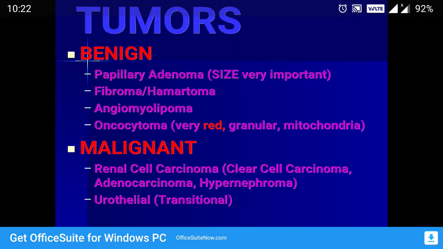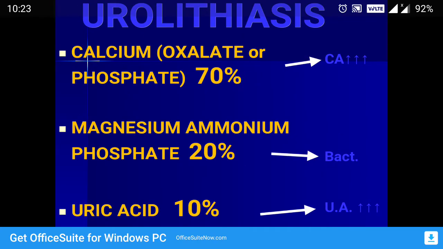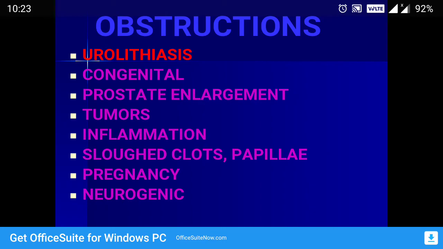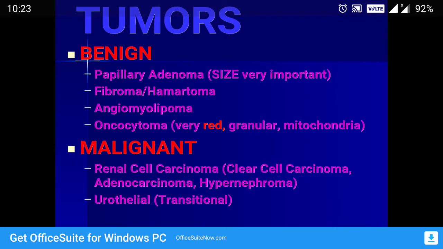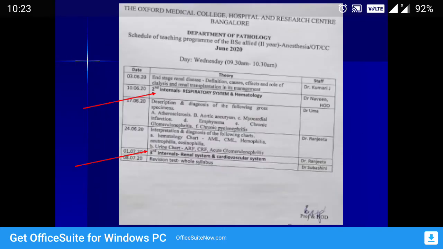So that's about obstructive diseases. Remember, important is urolithiasis or renal stones. Renal stones are of three types. Calcium stones are due to increased calcium. Magnesium ammonium phosphate stones are due to bacterial infections. Uric acid stones are due to increased uric acid levels. So that's about obstructive disorders.